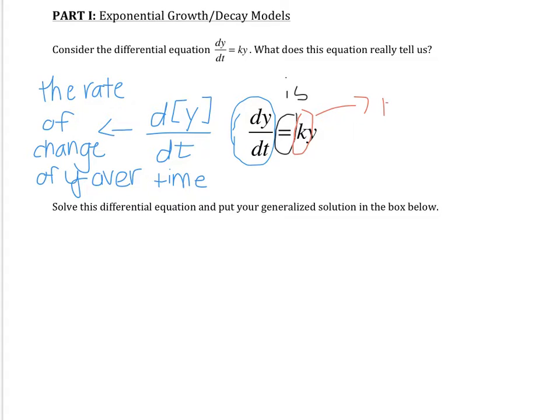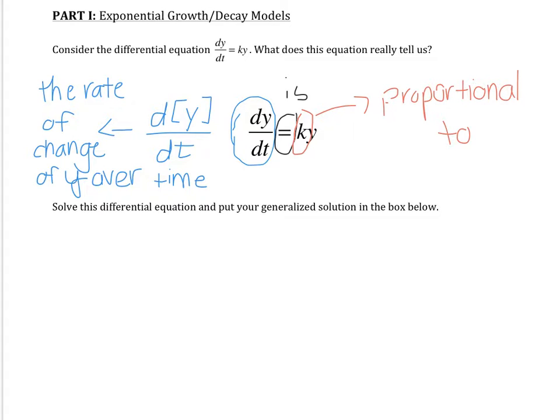So we're going to write proportional, and we're just going to make sure that that's actually an O. Okay, so the rate of change of quantity y over time is proportional to y itself. All right, and let's think about what that might mean. In other words, the rate at which your function is changing depends on how much there currently is.